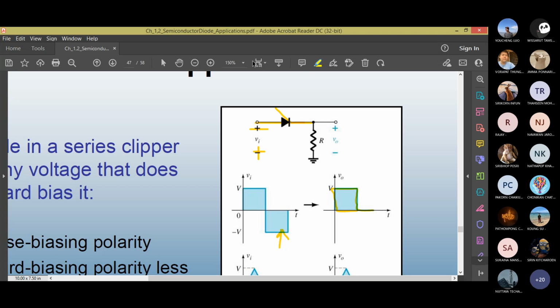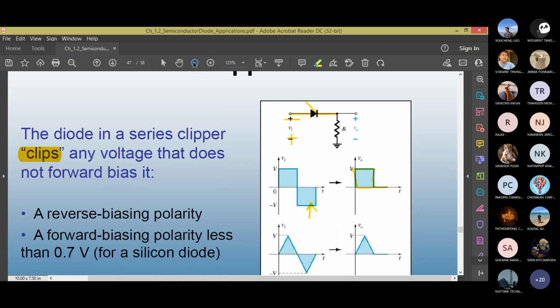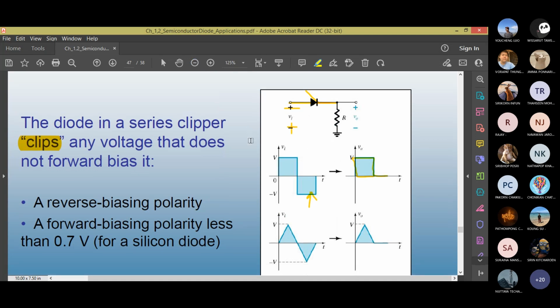Today we will practice some more problems in the class using this type of circuit. What happens if the input voltage is less than 0.7? 0.3 maybe for a silicon. It will also not turn on. You need sufficient voltage.